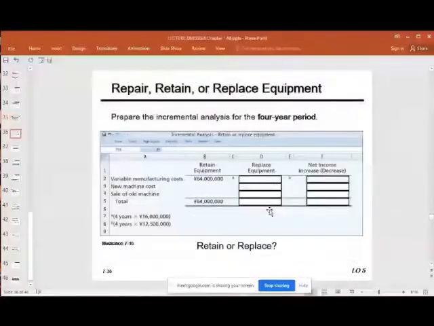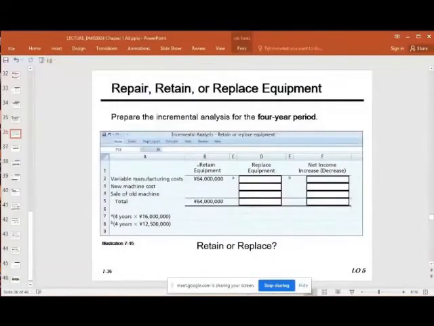So let's look at the incremental analysis. Same thing, the old decision is you keep the old machine. You retain the old machine. If you replace, it means you buy the new machine. Okay, if you retain, it means you keep the old machine.